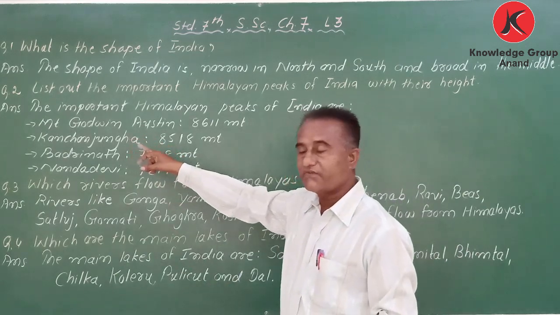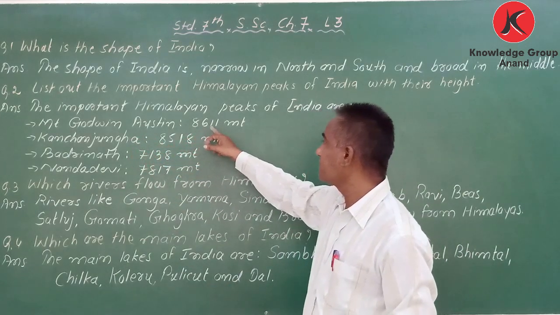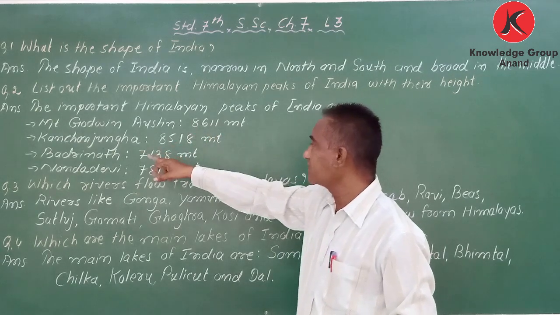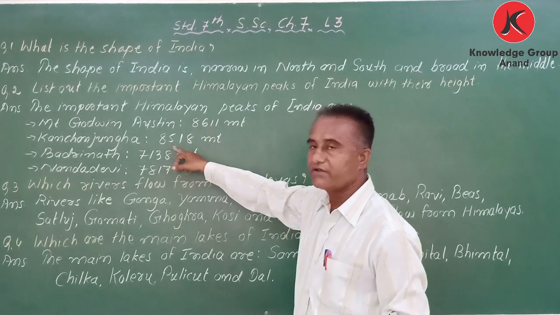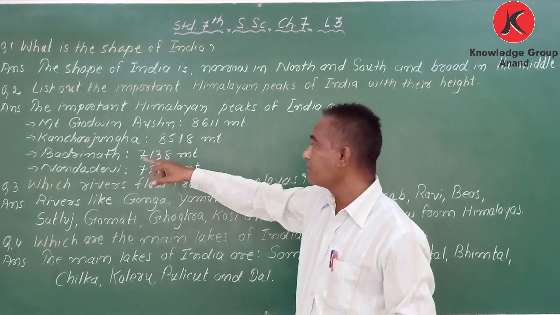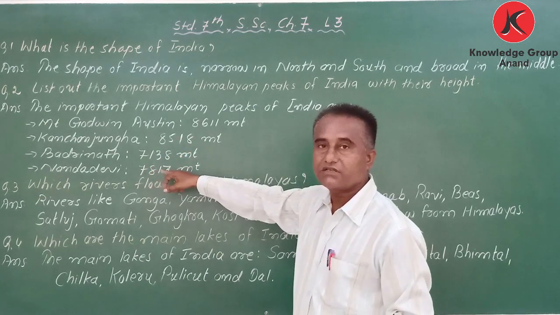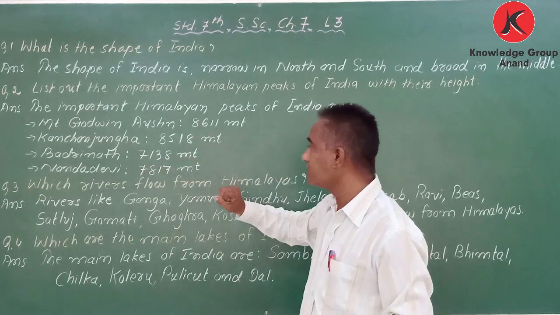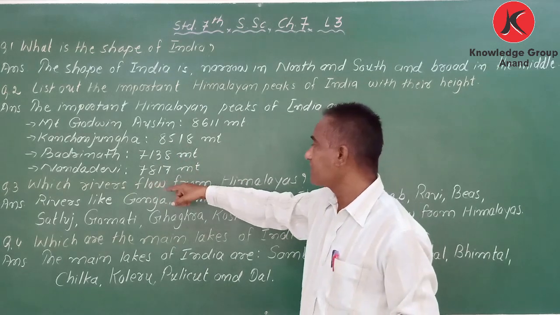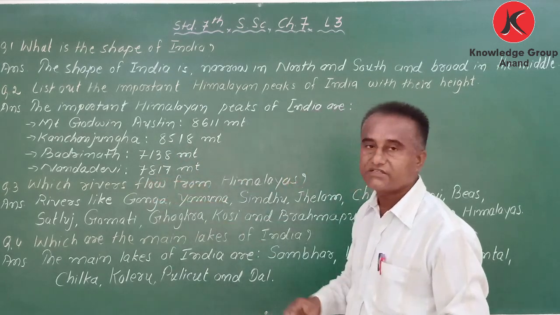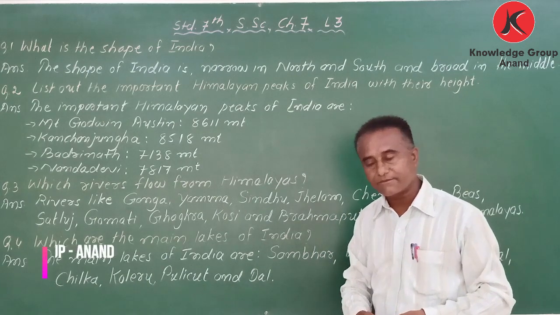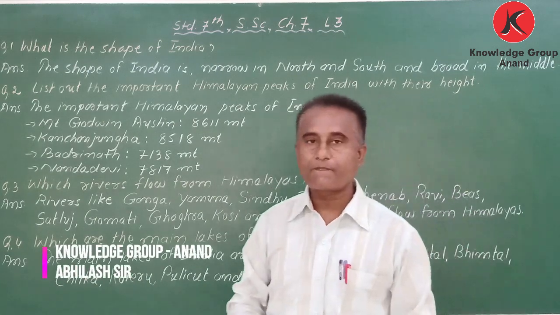Mount Godwin Austen 8,611 meters, Kanchenjunga 8,518 meters, Badrinath 7,138 meters, and Nanda Devi 7,817 meters. Got it? Now third question.